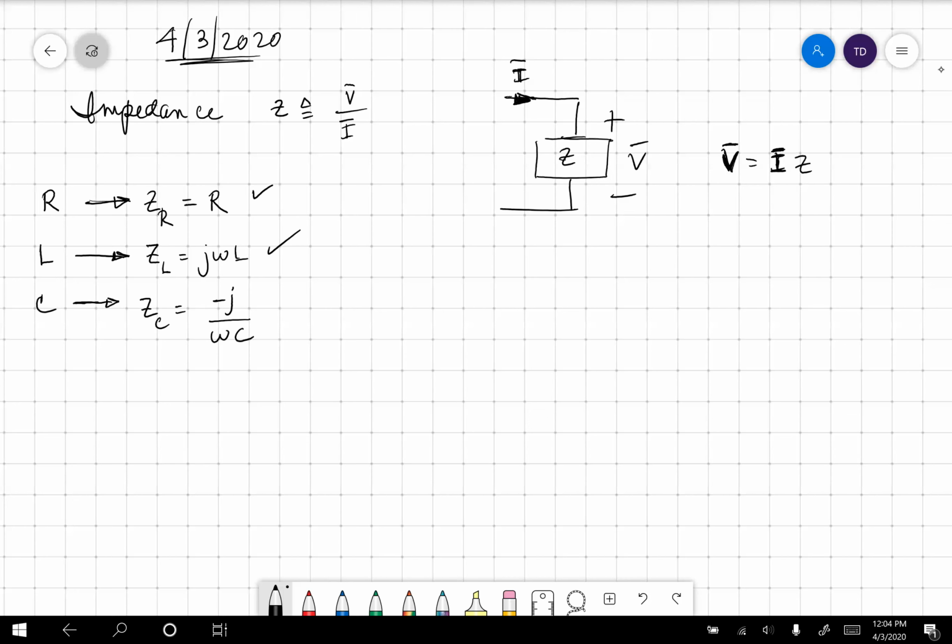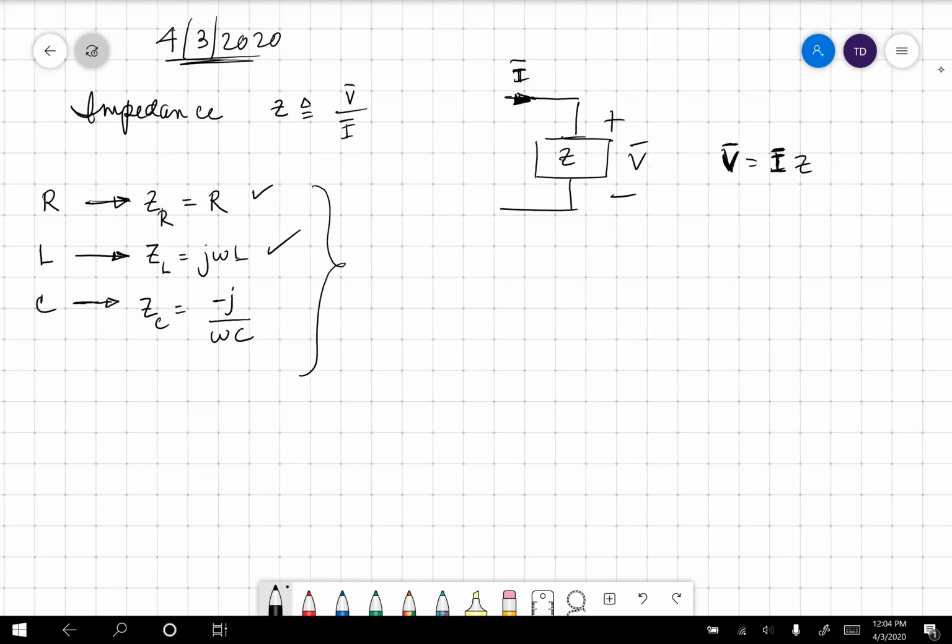One of the things we didn't talk about in detail yesterday is, remember, all of this that we're doing, you always have to remember in the back of your mind, because it is easy to forget, all of this is only for sinusoidal inputs for circuits. Only. If you put in another input that is different than a sinusoid, a DC input, an exponential input, a square wave input, no matter what you put in, we cannot use this method.